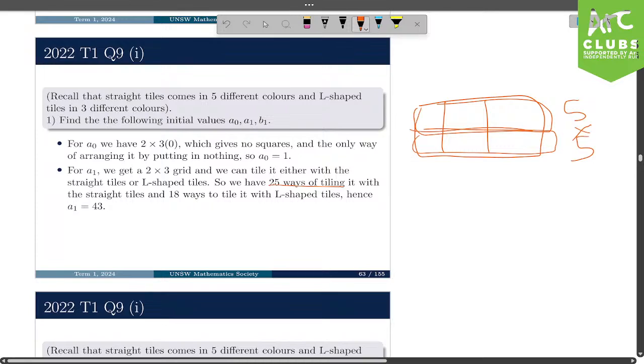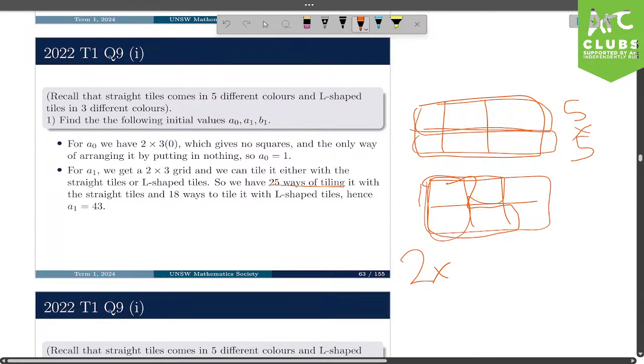If we were to put 2 L tiles, there's actually 2 ways we can put the L tiles. One L could go something like this, right? It can either face up like this, or it can be upside down. So the leftmost L can be down, or it can be upside down. And what this means is that there's 2 ways of orienting the leftmost tile.